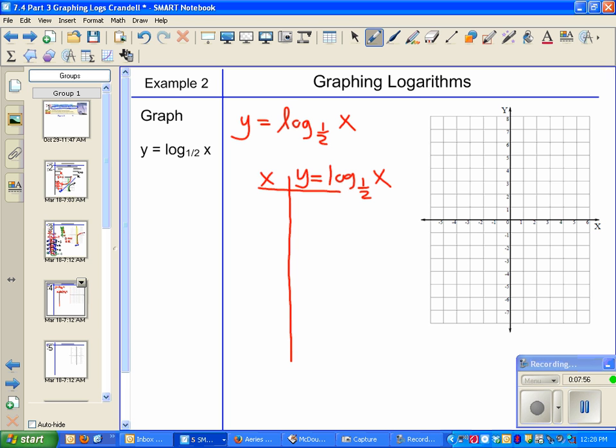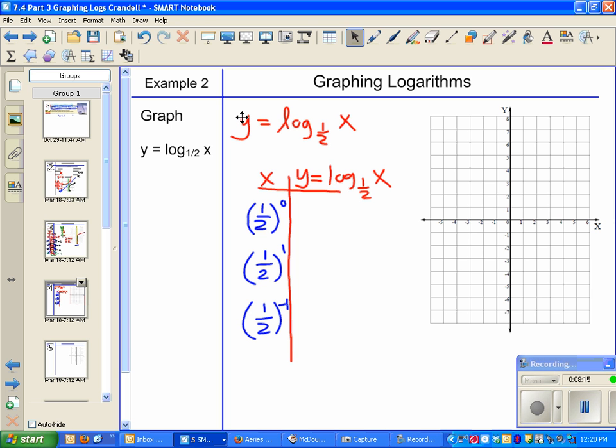So hopefully you've got things like 1/2 to the 0 power, 1/2 to the first power, 1/2 to maybe the negative 1 power, things like that. Right?